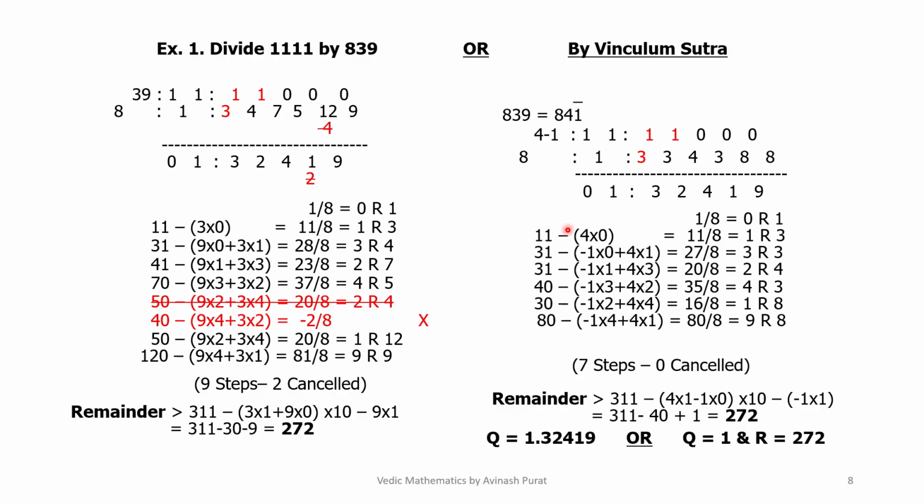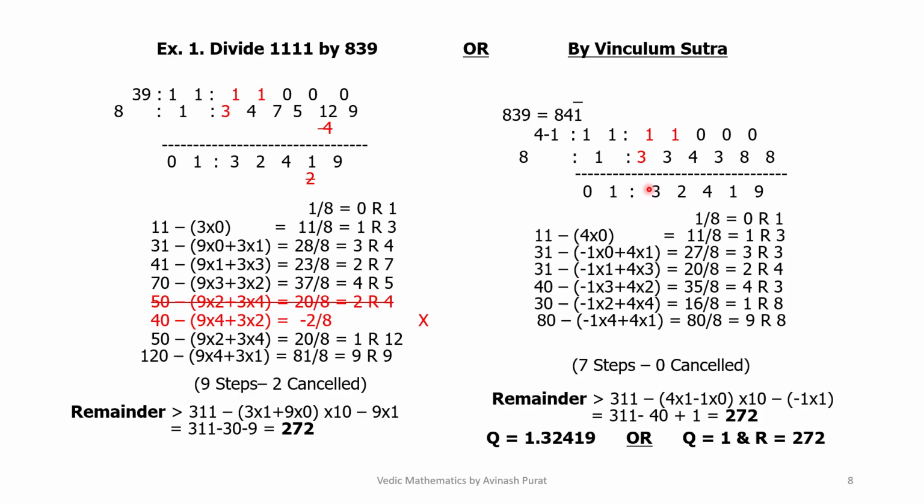Now 11 minus 4 into 0, that is 0. So 11 divided by 8 is 1 or 3. Now 31 minus 1 into 0 plus 4 into 1, that is equal to 4. So 31 minus 4 is 27 by 8 equal to 3 or 3.